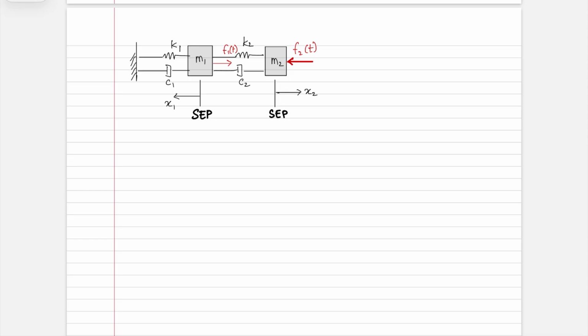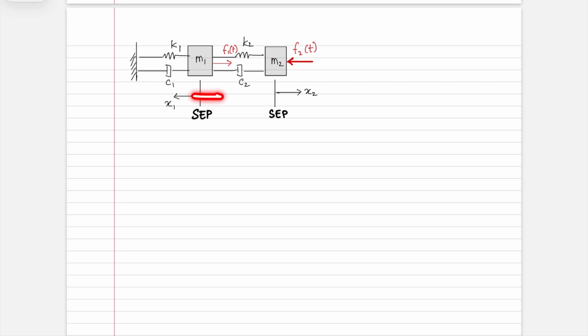You need two equations of motion to be able to characterize how this system behaves. The reason for that is x1 and x2 are independent of each other. This could move to the right, and that is fully defined by x2. This could move to the left, and that's fully defined by x1. And so the degree of freedom of this system is 2 because you need both x1 and x2 to capture the system's behavior.